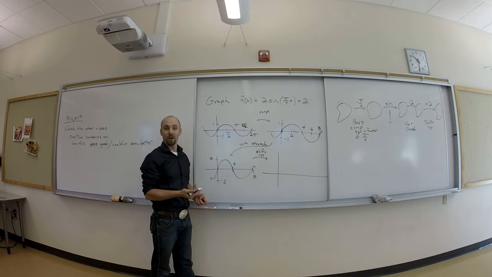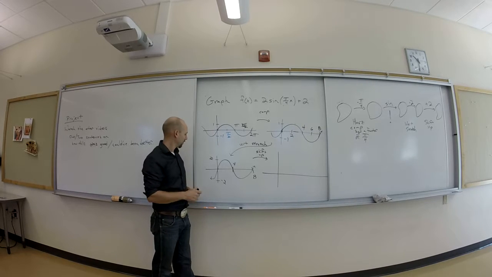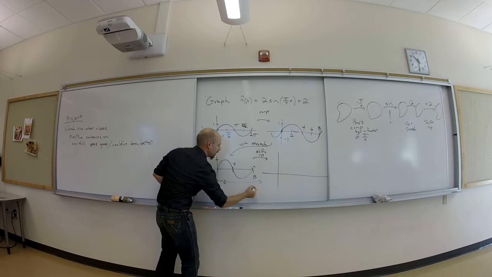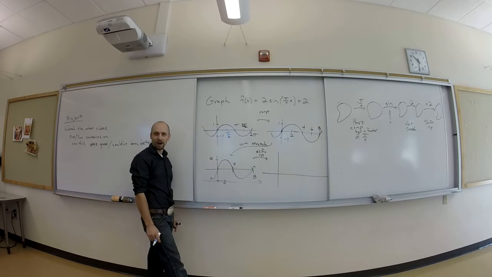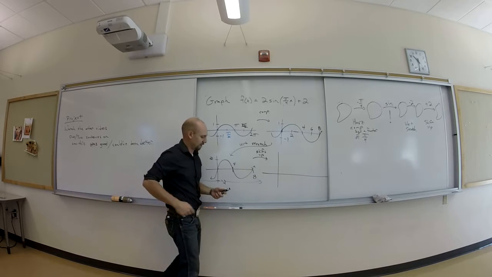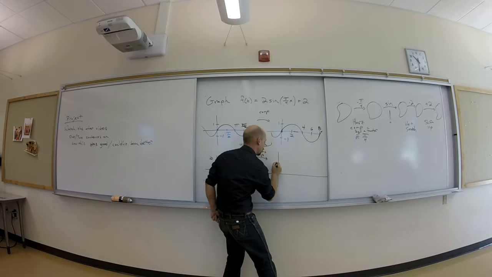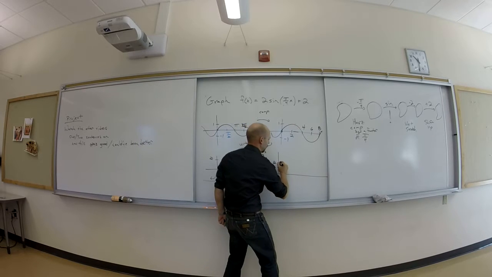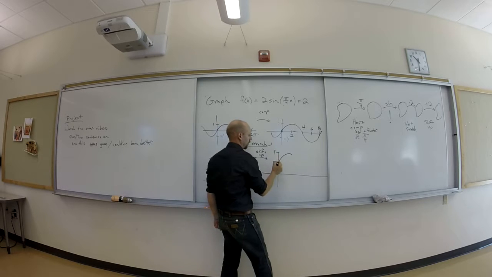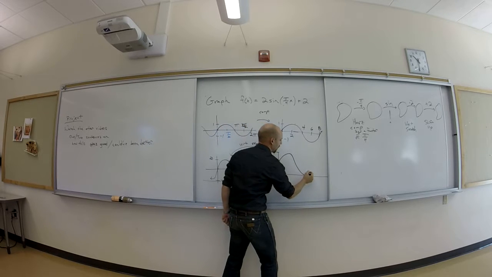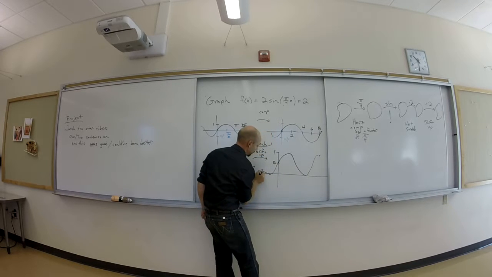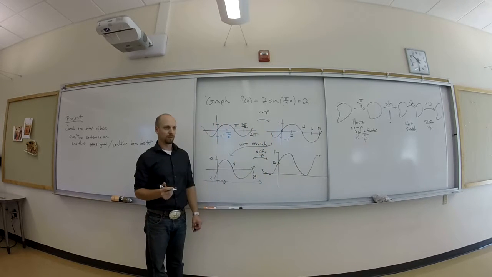Zero becomes 2. Okay. So 0 is going to become 2, so I really could just do this, right? The new x-axis is going to be down there. So I think we're going to start at 2. We're going to go up to 4. Then we're going to go down to 0 and back up and so on. Cool.